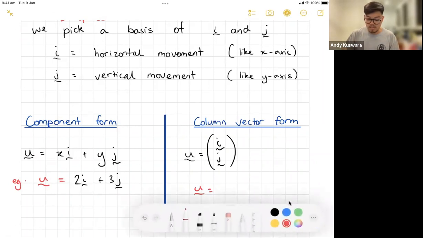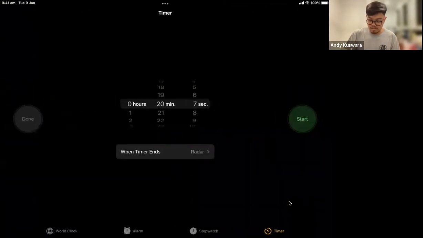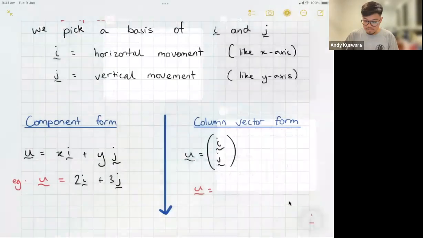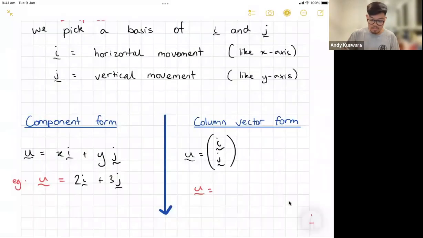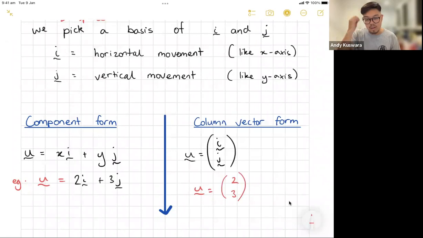So a numbered example, if I use the same 2i and 3j, it'll look like this. Just 2 at the top, 3 at the bottom. It looks very similar to combinations, but just be aware it's this little squiggly line out the front that gives it away that we're not talking about combinations, we're actually talking about vectors.